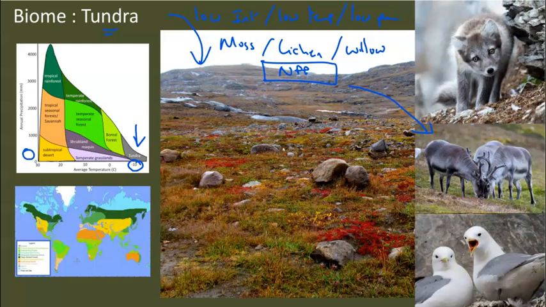To a limited extent, the food chains are quite short, but some predators are able to operate in this area, such as the Arctic fox. In coastal regions, it's much more productive with the availability of food in the oceans, where you get many, many bird species taking advantage of the ocean foods.